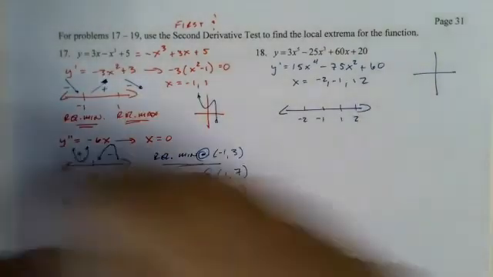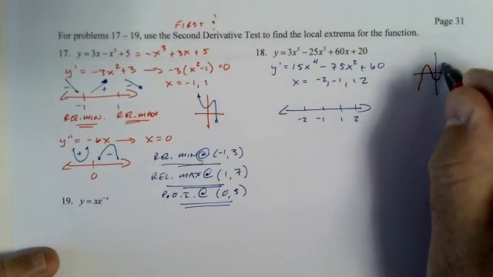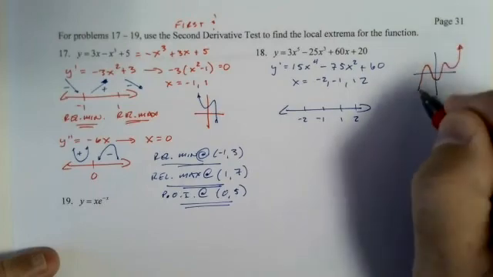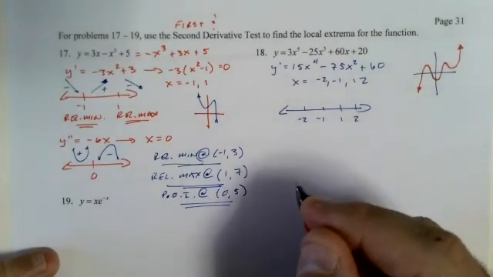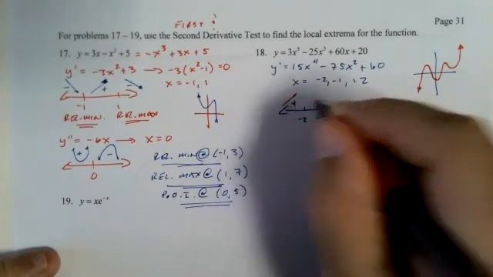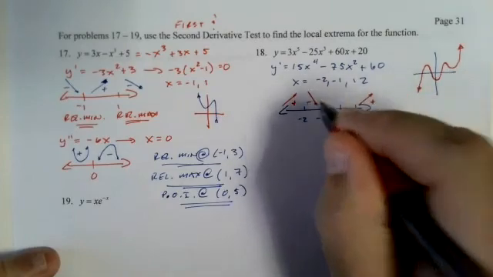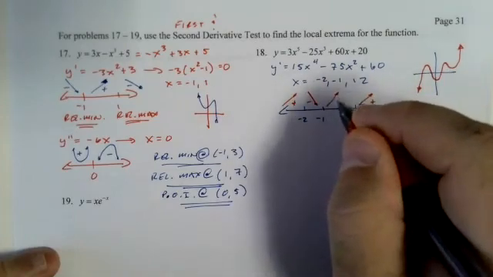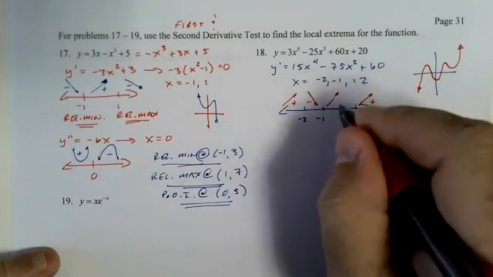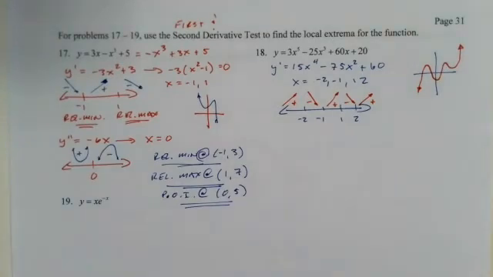Don't know what the graph looks like. It's a positive x to the 5th. So I'm looking at 1, 2, something like that. So as we can see, this is going to be positive and this is going to be positive. And you can plug in your numbers and find out that it does this sort of thing. All right. It's going to work either way.